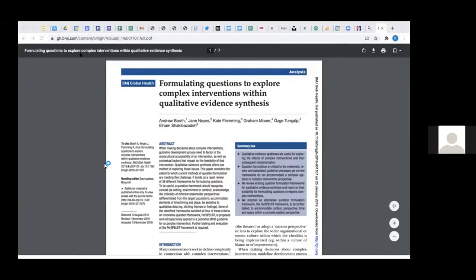And if you don't use PRISMA diagram in a systematic literature review, the assignment will fail. So PRISMA is also called a PRISMA methodology. Now, PRISMA is an evidence-based minimum set of items of reporting in systematic literature review.